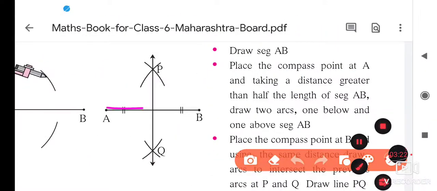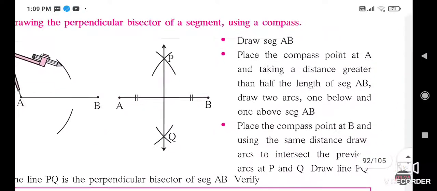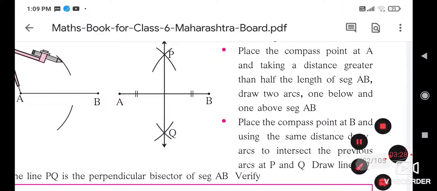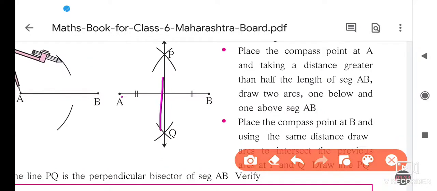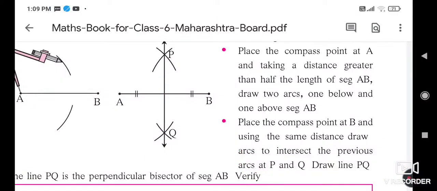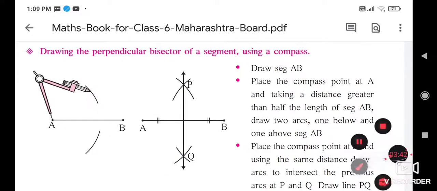PQ is the perpendicular bisector of AB. One thing we have to check is whether our construction is correct or wrong. For that, we check if this perpendicular bisector passes through the midpoint of seg AB and is perpendicular to AB, then our construction is correct.